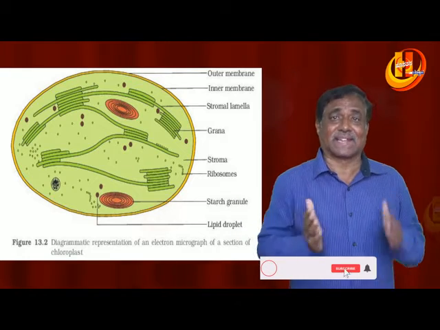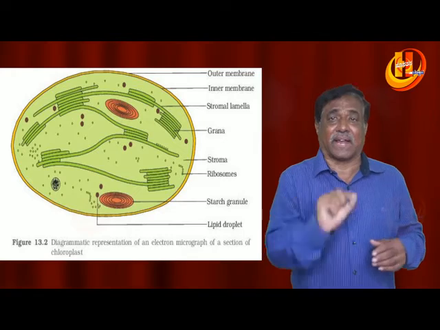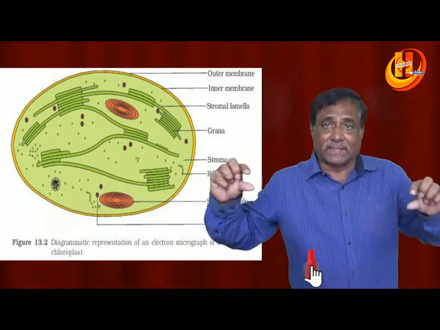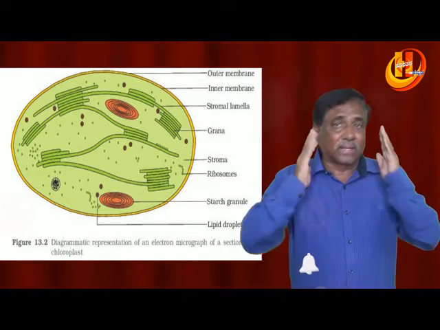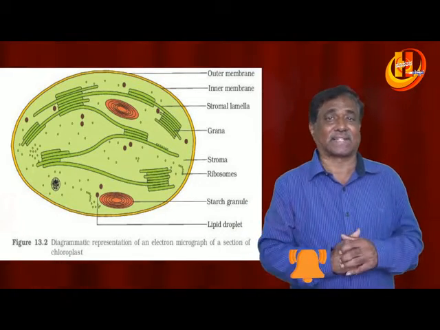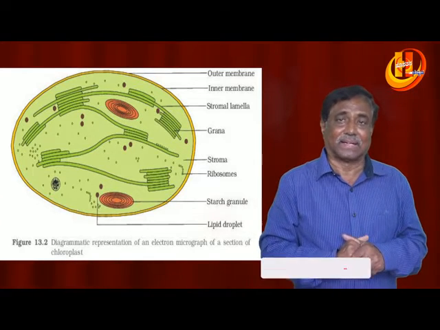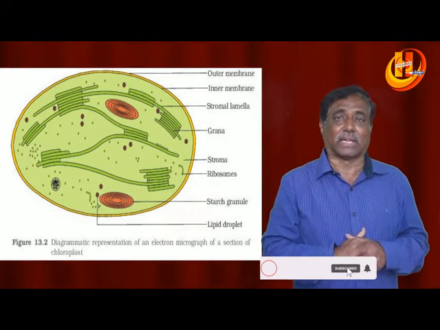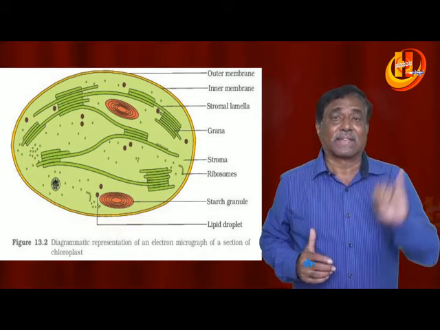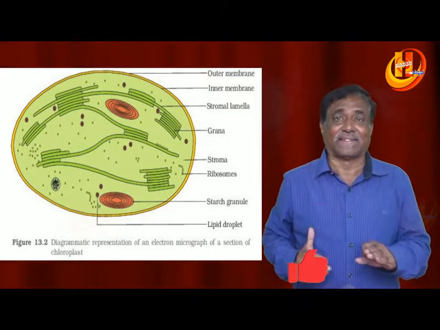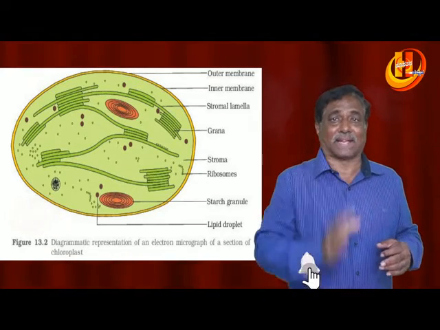The chloroplast, the green colored plastid, consists of two layers, inner and outer, green colored grana and colorless stroma, and there is the stroma lamellae which connects the grana, composed of thylakoids, plate-like membranous structures. And in the stroma, double-stranded DNA, 70S ribosomes and certain enzymes are present in the chloroplast.